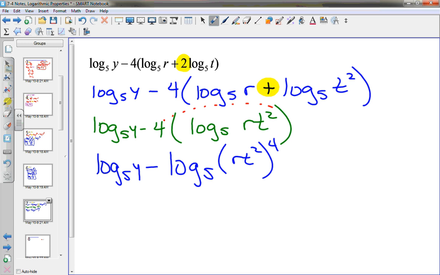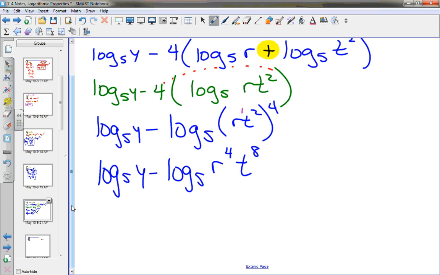So now I'm going to put on the missing exponent here, and what am I going to do with the 1, the 2, and the 4? Multiply. That's a power to a power. So that's r to the 4th, t to the 8th. Now, from left to right, what do you notice?